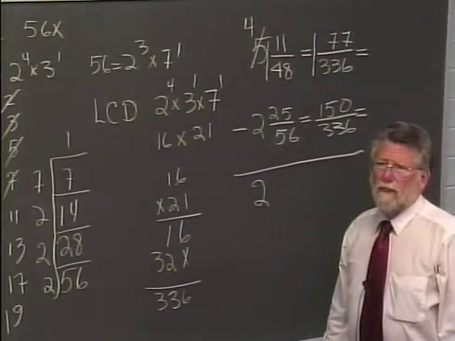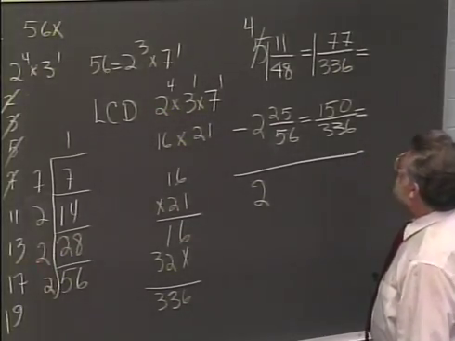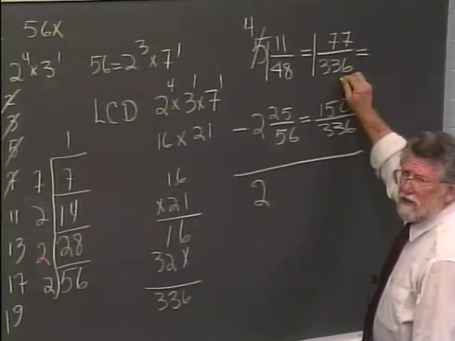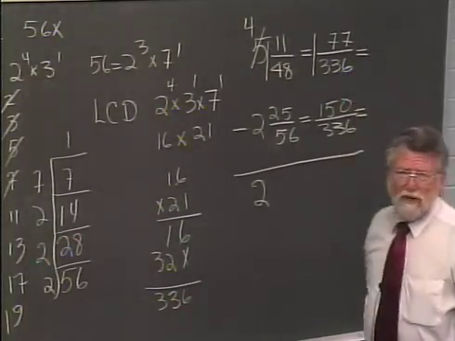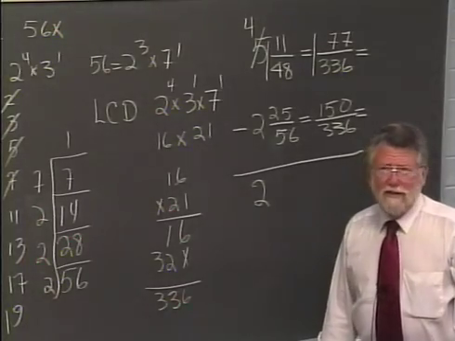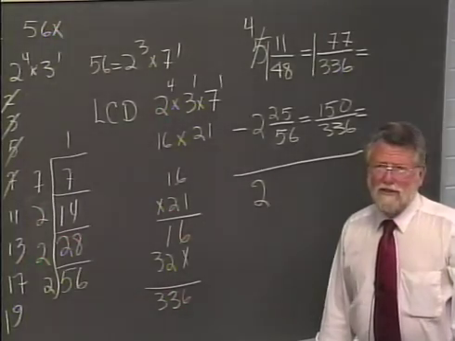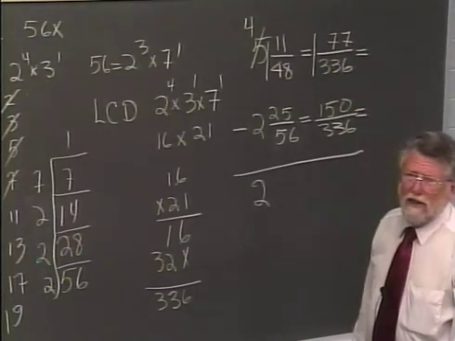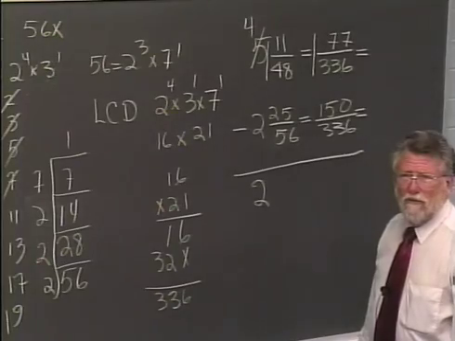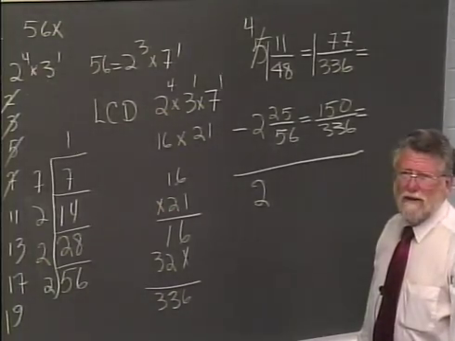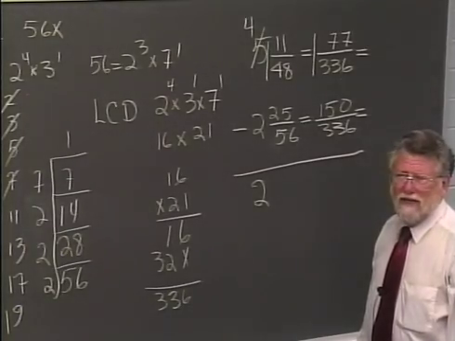Okay, now, what is 77 plus 336? 77 plus 336. I'm waiting. 413. Are we agreeing? Yeah. One agreement, that's it.